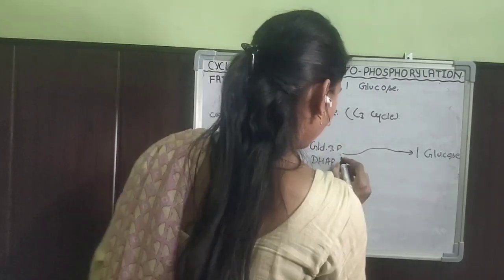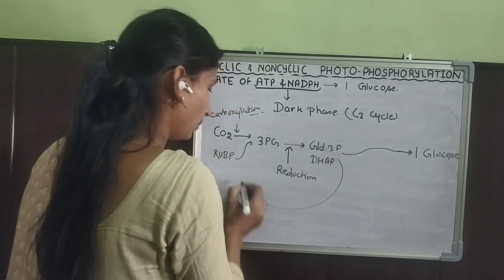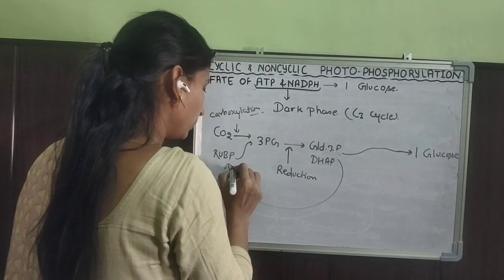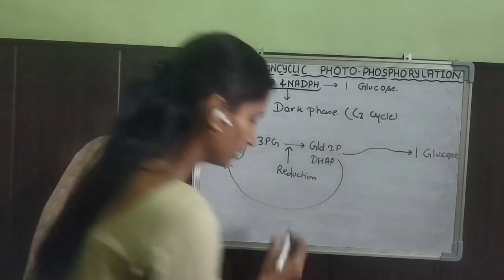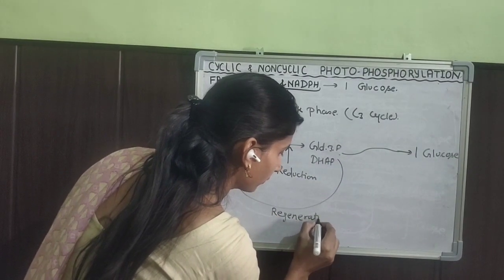And the last step, when glyceraldehyde 3-phosphate and DHAP are converted back into RuBP, ribulose bisphosphate, is known as the regeneration step.